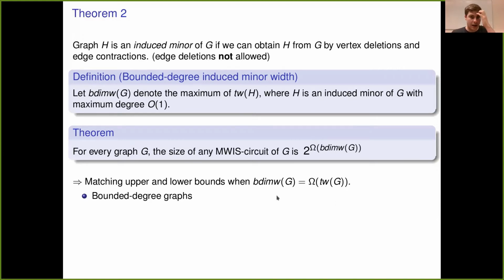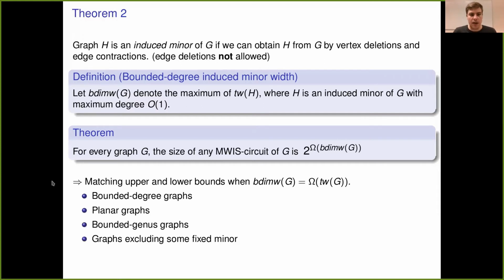It is trivial that in bounded degree graphs this parameter is equivalent to tree width, because we can just let H be G. But we also have that this parameter is equivalent to tree width in all planar graphs, and more generally all bounded genus graphs, and even more generally in all graph classes that can be defined by excluding some fixed graph as a minor.